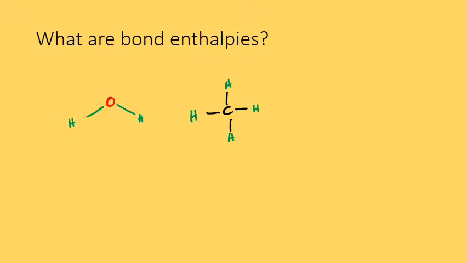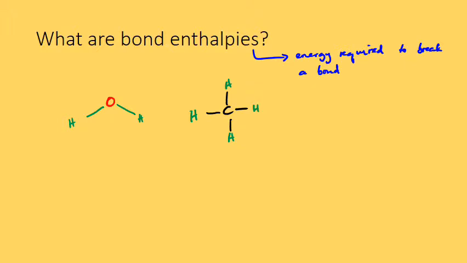The bond enthalpy is the energy required to break a bond. If the bond is strong, it's going to require more energy to break it, and so the bond enthalpy is going to be higher.